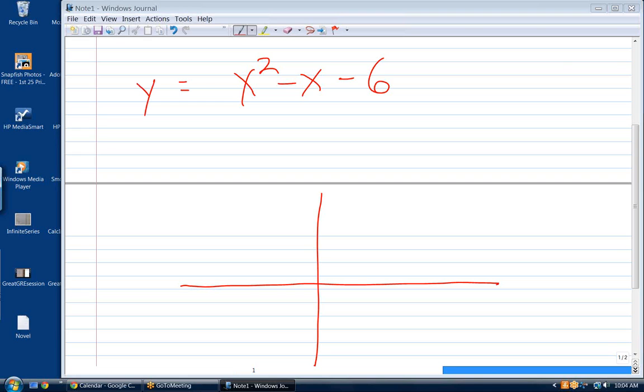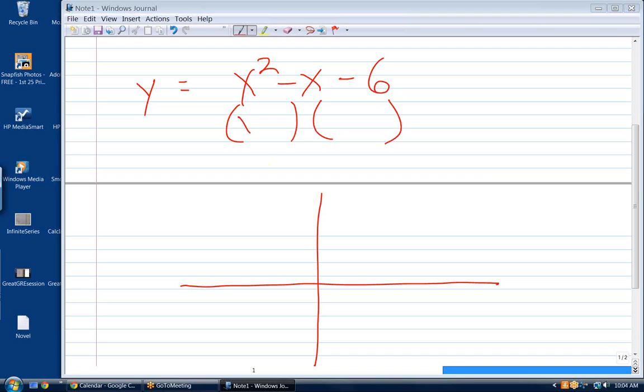One is we can try to put it into vertex format, which requires completing the square. The other way to do it is to factor it and put it into x-intercept format. Notice that this factors quite nicely into what?